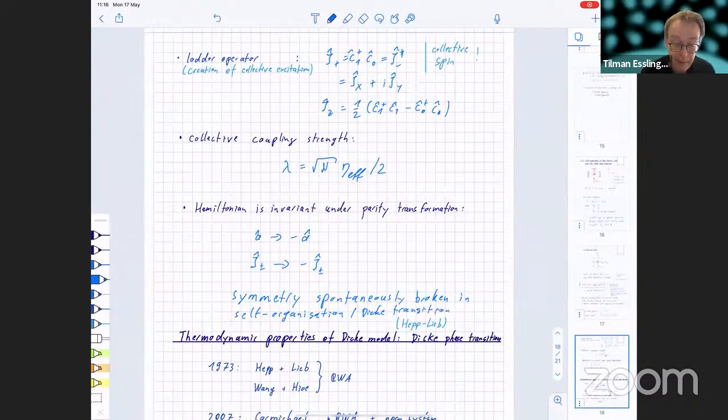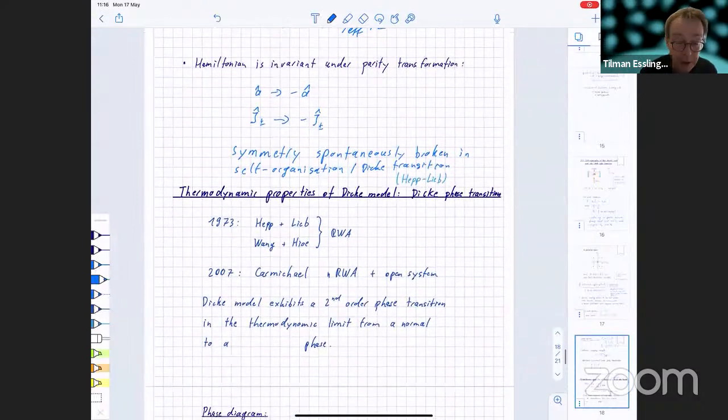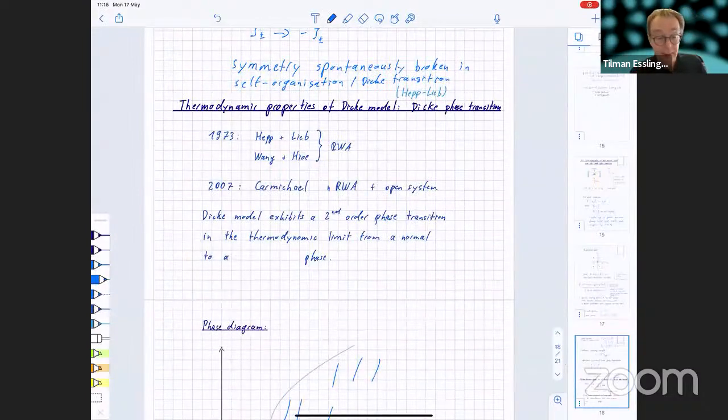Okay, and now let me say a few words about the Dicke phase transition.